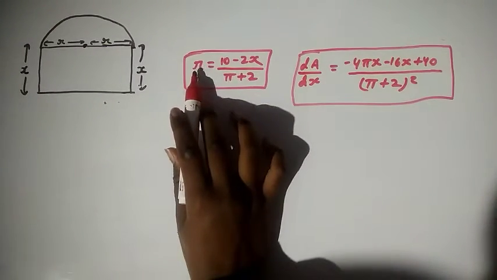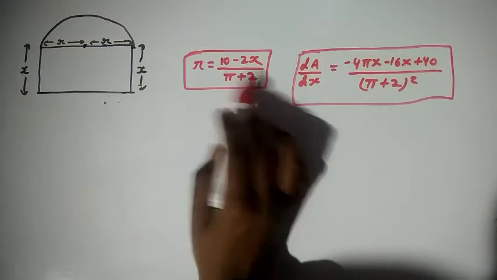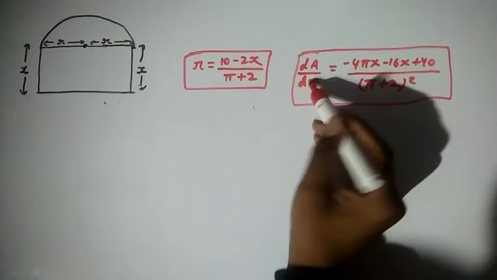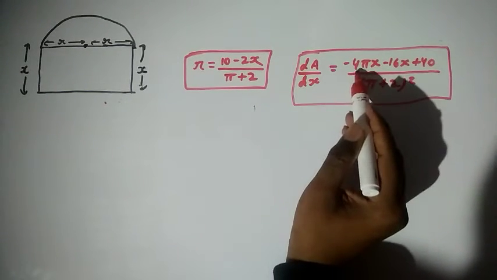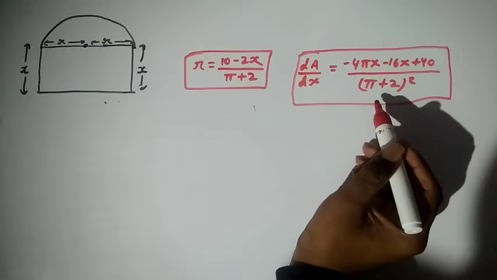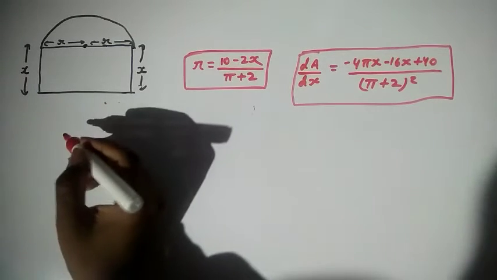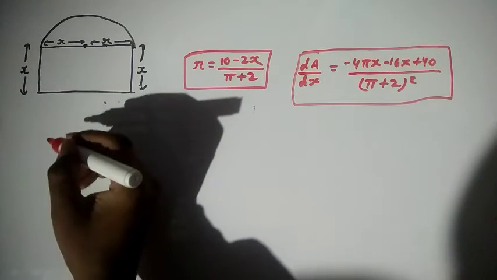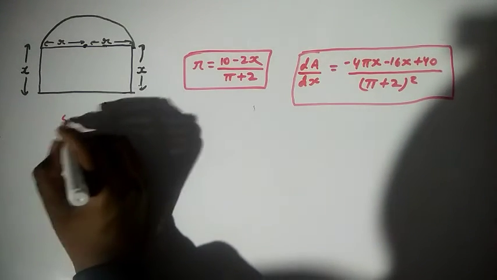Now we have our r as (10 minus 2x) over (pi plus 2) and dA/dx as (minus 4 pi x minus 16x plus 40) over (pi plus 2) square. To find the turning points, we need to set dA/dx equal to 0.